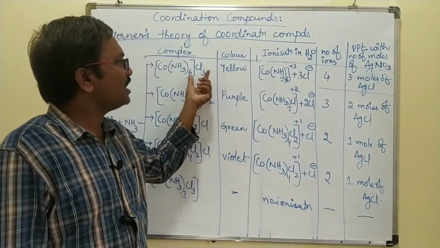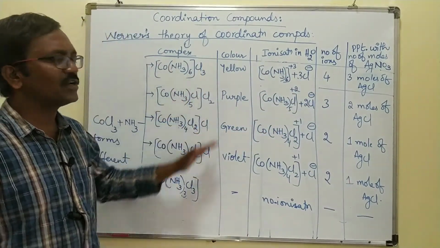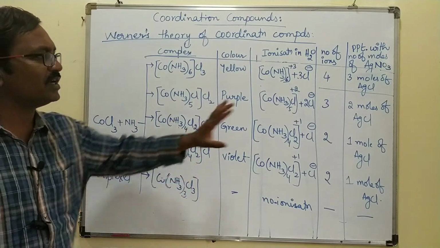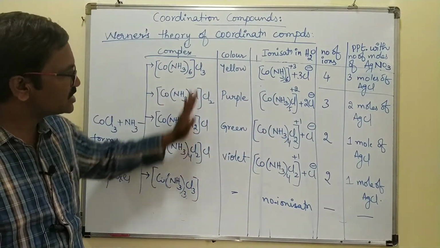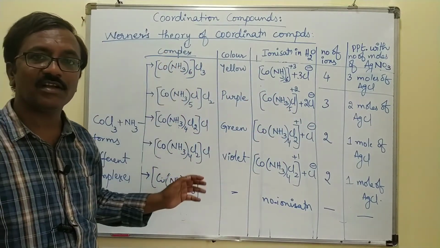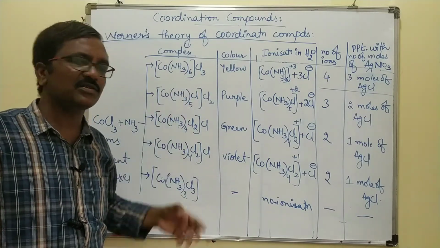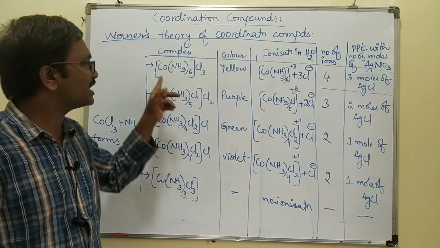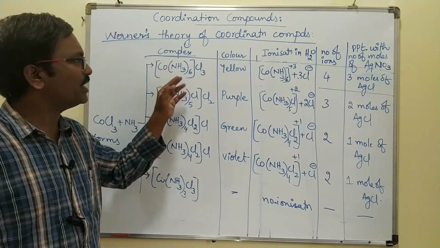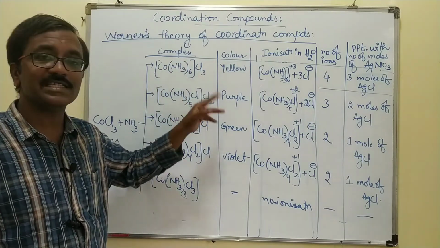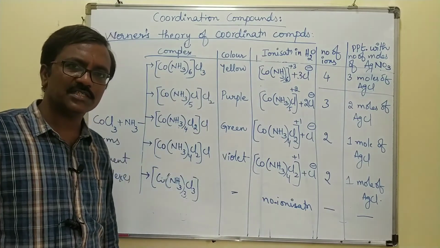He observed how many chlorides are outside the coordination sphere. Based on that, he proposed these coordination complexes: how the structures are, how the ligands are attached to the central metal atom, and how many ligands are outside the coordination sphere.